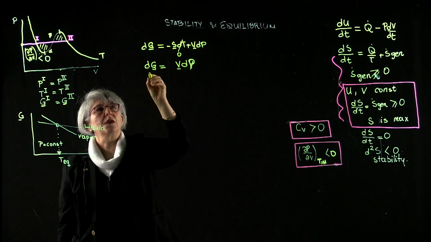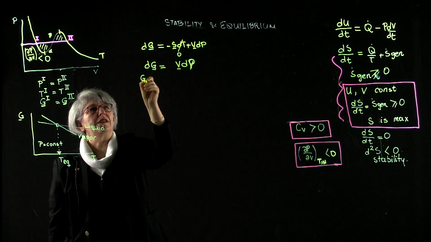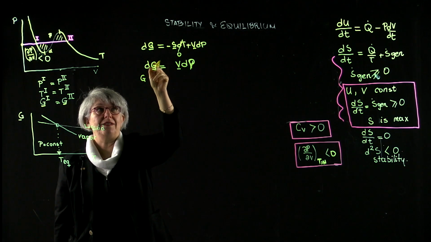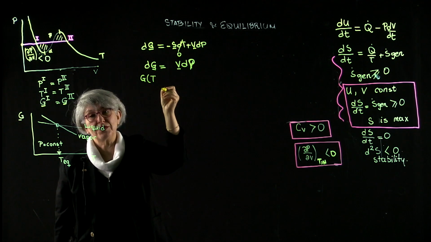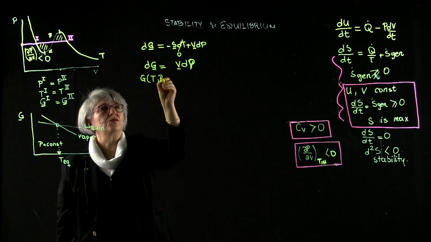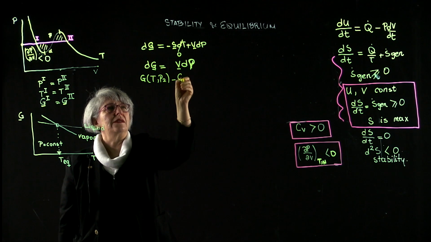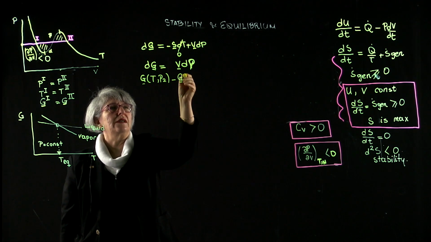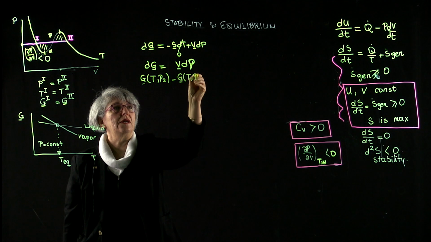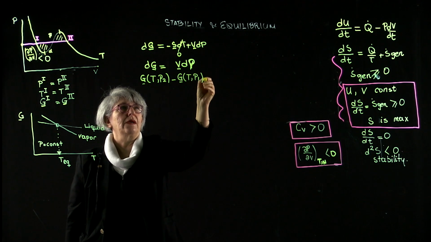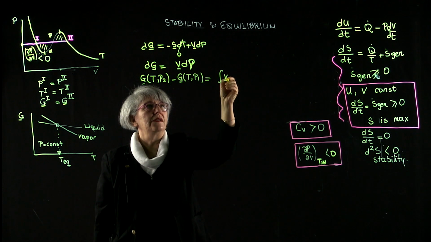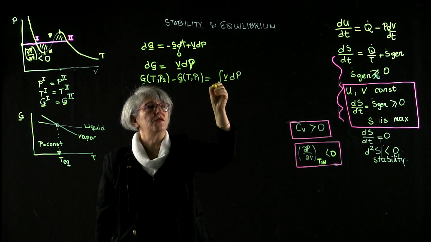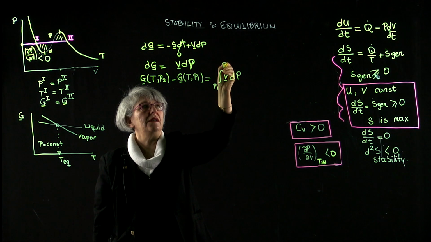All right? So we're going to have Gibbs free energy after integration. This is going to be Gibbs free energy at a constant temperature T and P2 minus Gibbs free energy at the same constant temperature and P1 should be equal to integral V dP between P1 and P2.